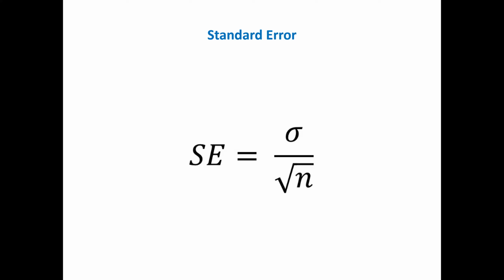So let me now tell you, what is the essence of this standard error? If the standard error is high, it may mean two things. It may mean that the attribute you are measuring varies a lot in the population. For example, we have been talking about weight and height. We say weight varies more than height in the population.